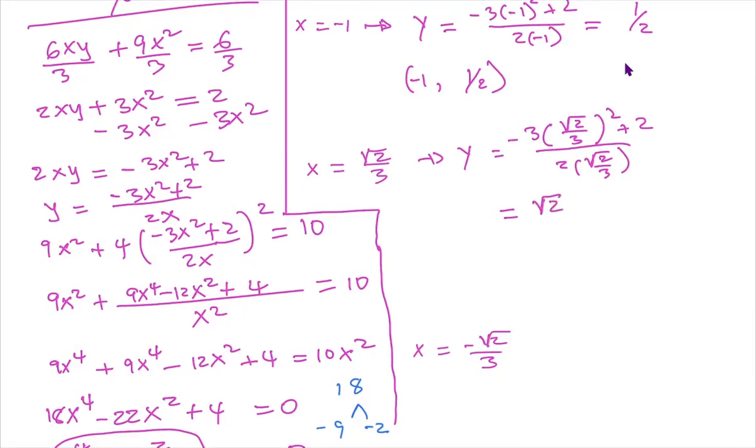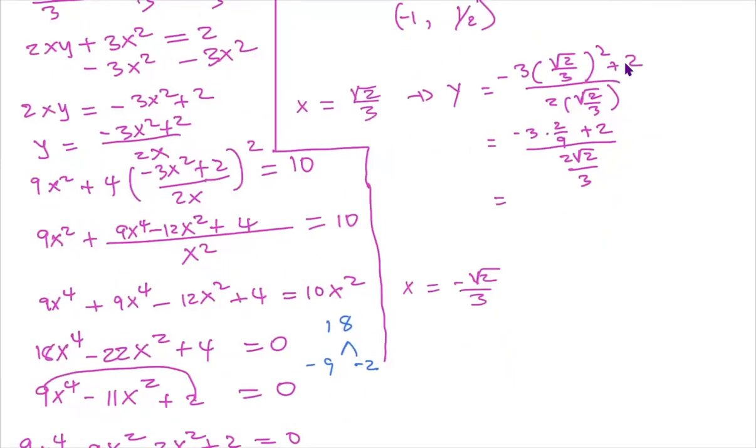See if we can do the steps instead, because I know some of you may ask, how did you find it? Well, we cancel this 3. Oh, nope, we should square it first. So that equals -3 times 2/9 plus 2 over 2 times square root of 2/3, right? So we can cancel the 3, that's -2/3.